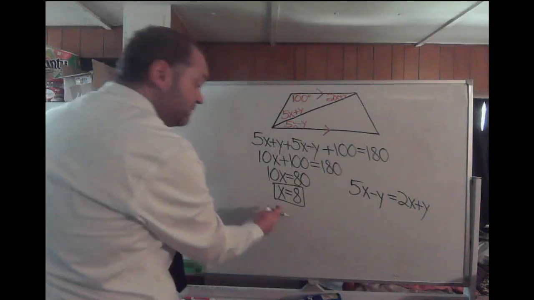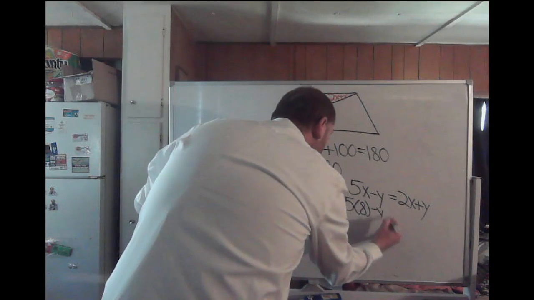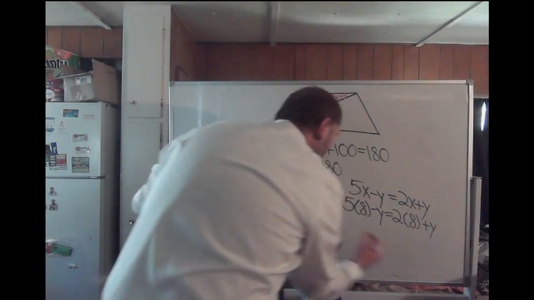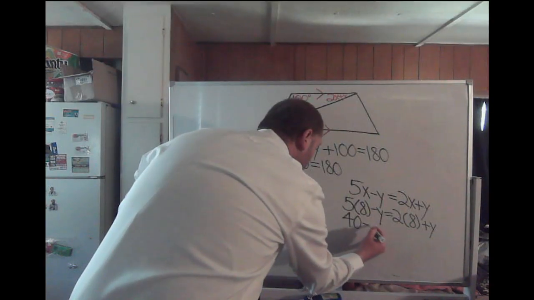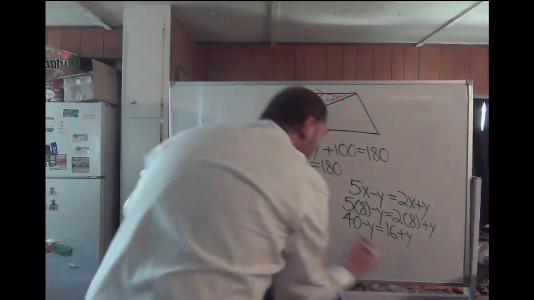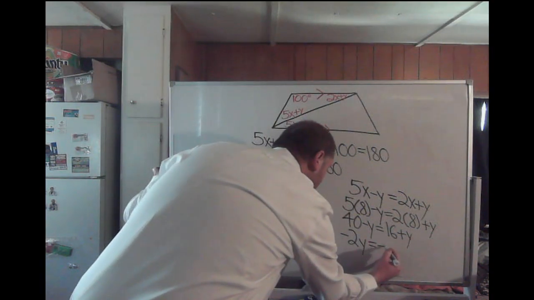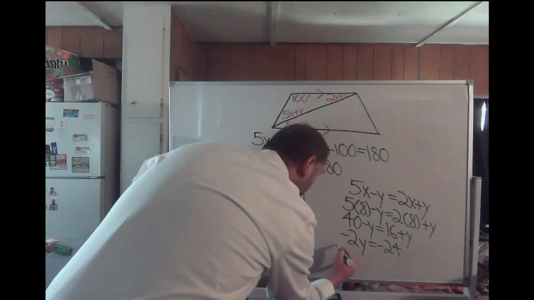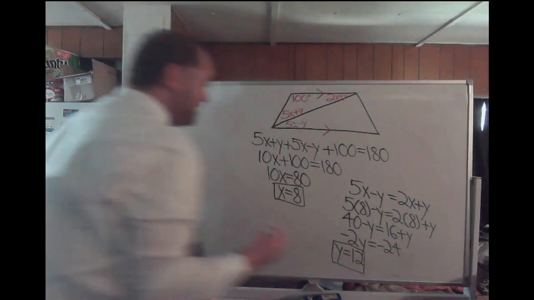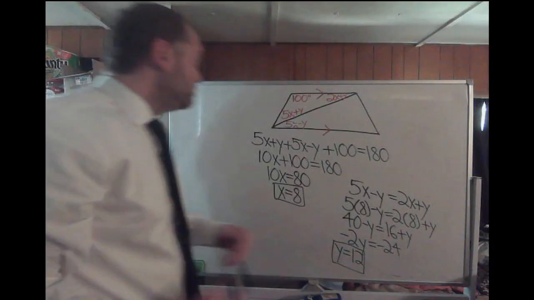We know the value of x is 8, so we take 5 times 8 minus y, set that equal to 2 times 8 plus y, which means 40 minus y equals 16 plus y, which means negative 2y is equal to negative 24, which means y equals positive 12. So the values of x and y that you're going to get are x equals 8, y equals 12.